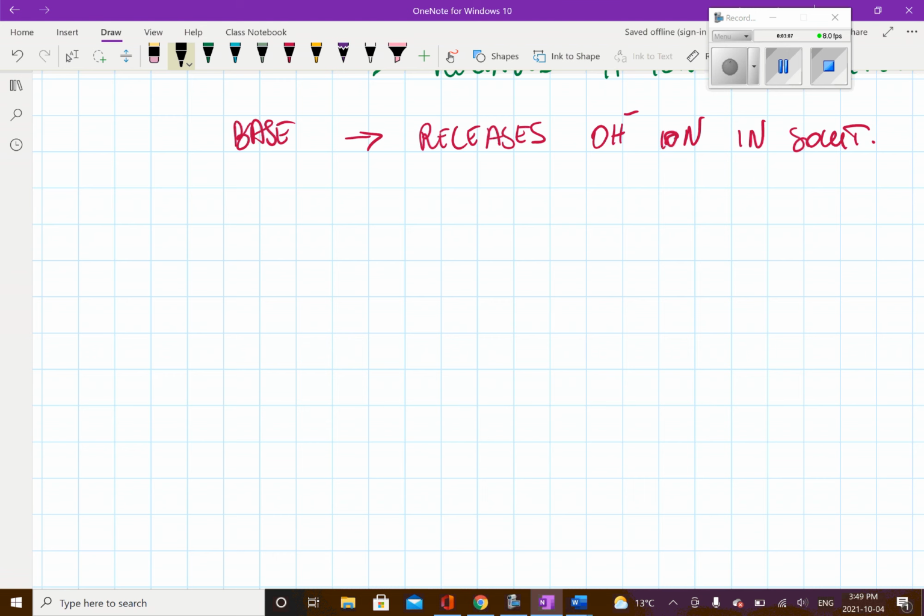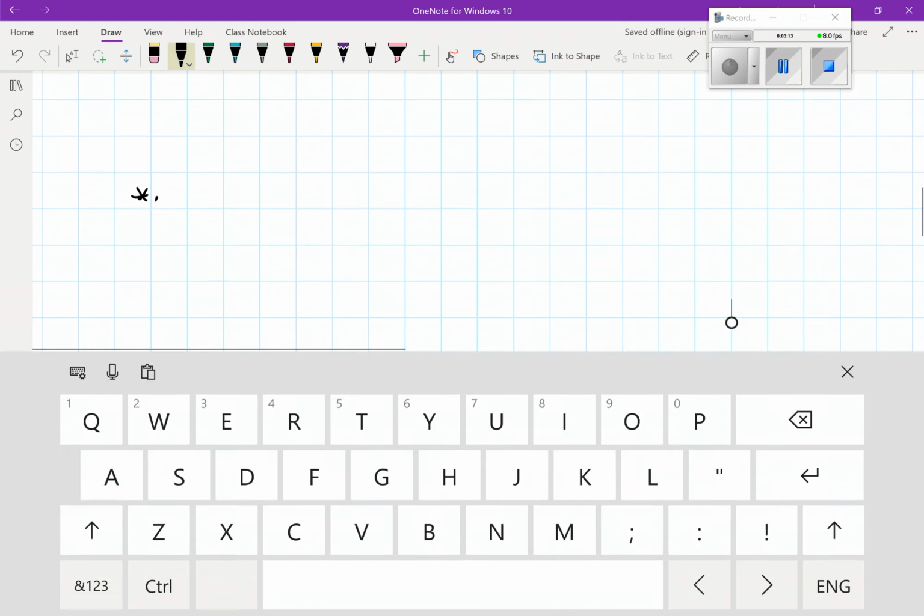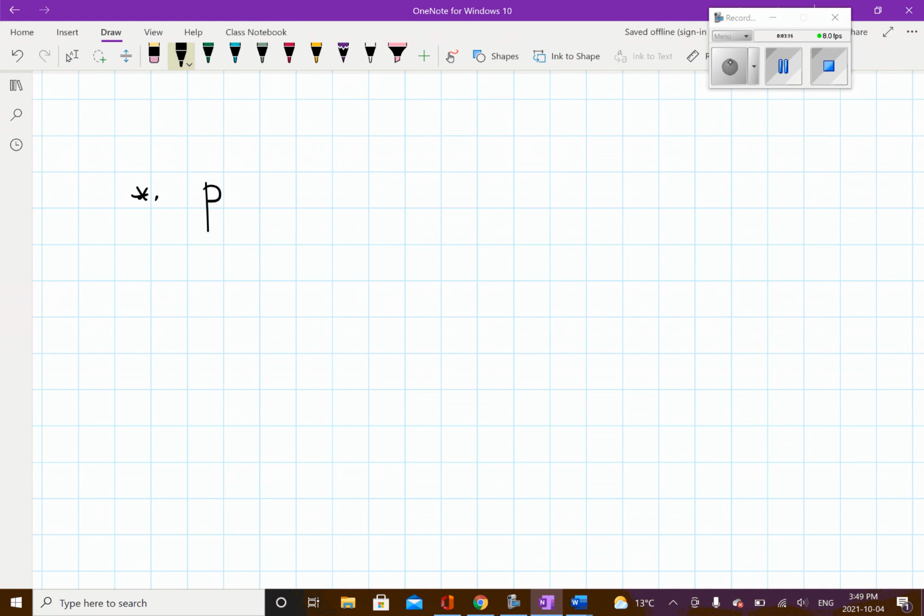Now, another thing that you have seen and studied in previous chemistry classes is the calculation of pH and pOH. pH and pOH are a scale used to give meaning to us in terms of which one is an acid and which one is a base, and to compare the acids and bases with each other.